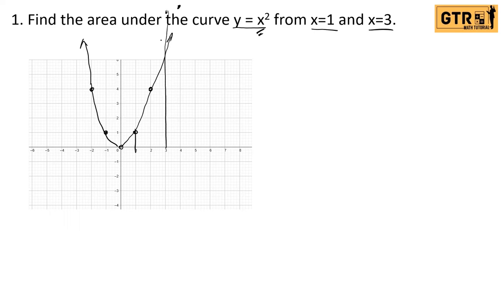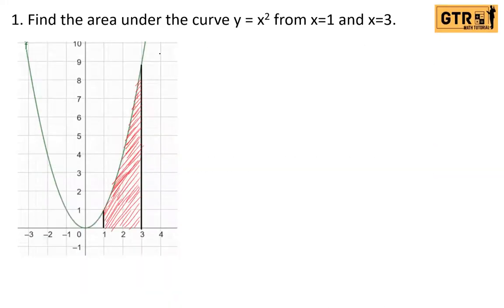So the area that we're looking for is this part, above the x-axis. So this is the graph of y equals x squared from x equals 1 to x equals 3. This is the area that we want to find.